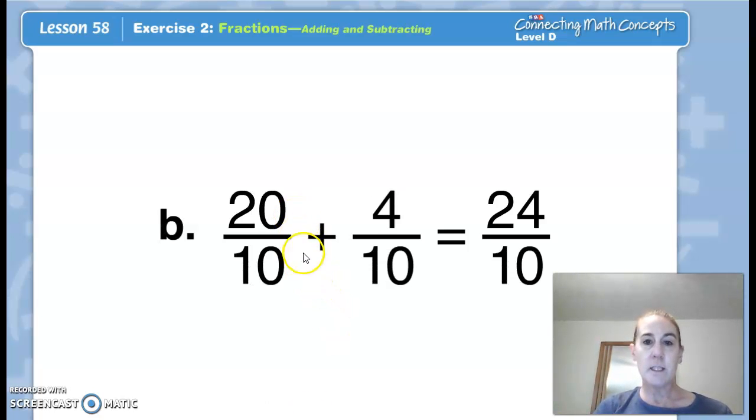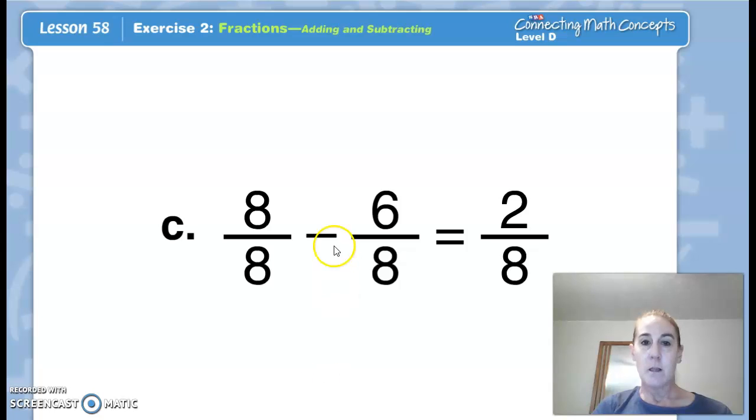Okay, we have 20/10 plus 4/10. 20 plus 4 equals 24, and the denominator stays the same. At this point, we can leave it as an improper fraction, and that's okay. Okay, 8/8 minus 6/8 equals 8 minus 6 equals 2, denominator staying the same.